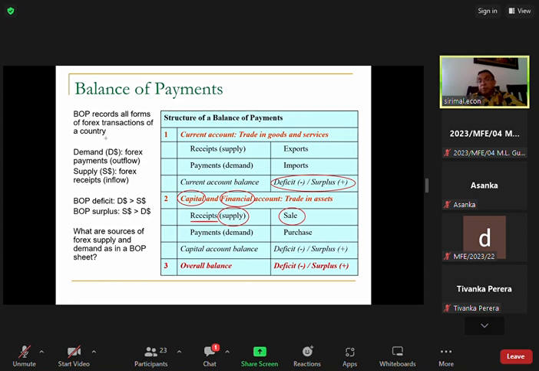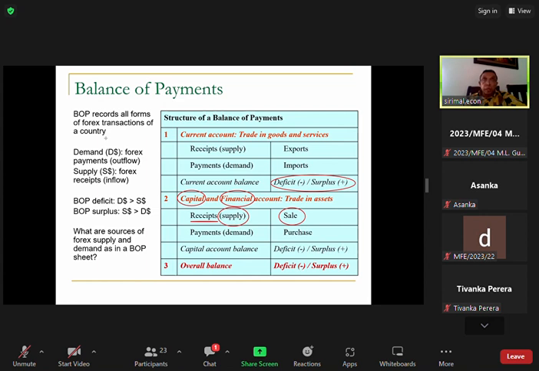The second type of financial account is called portfolio investment. This is foreign investment coming to the stock market or the bond market. Borrowings are included there, okay? That is also a supply source.